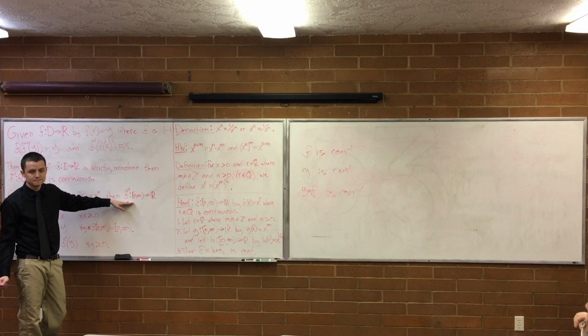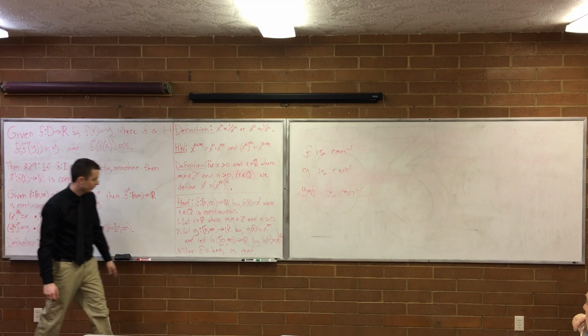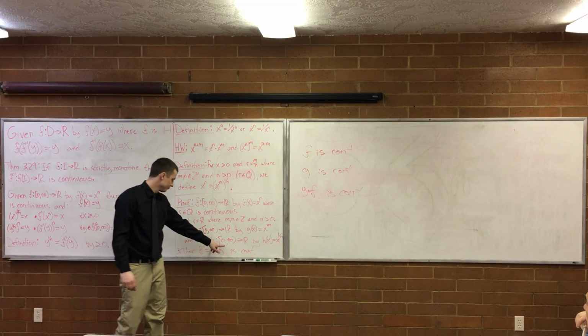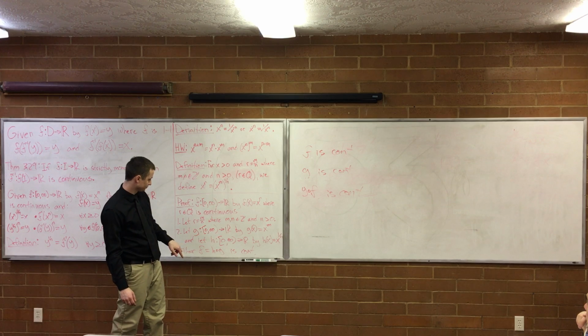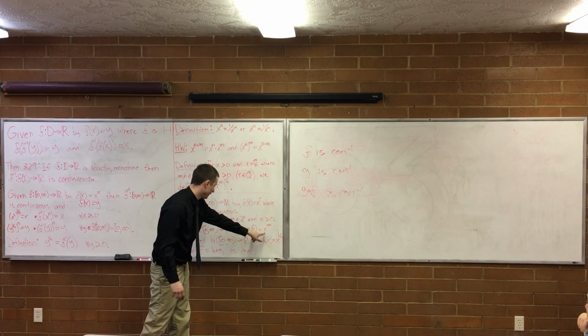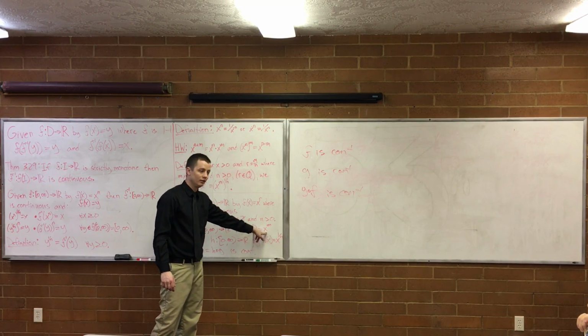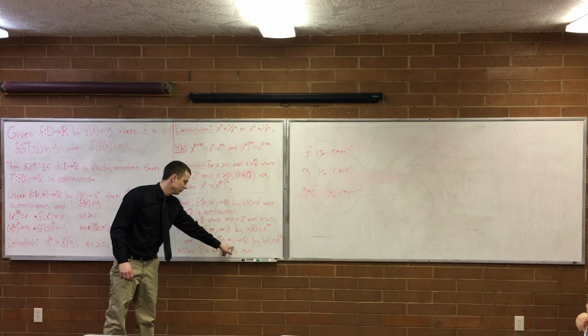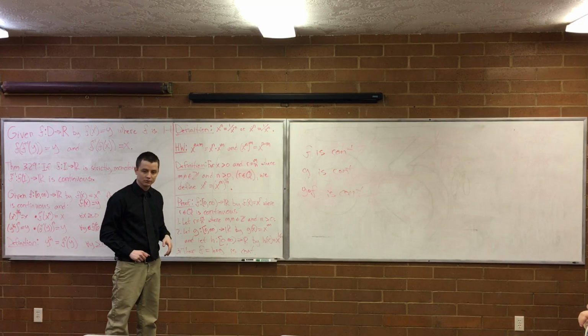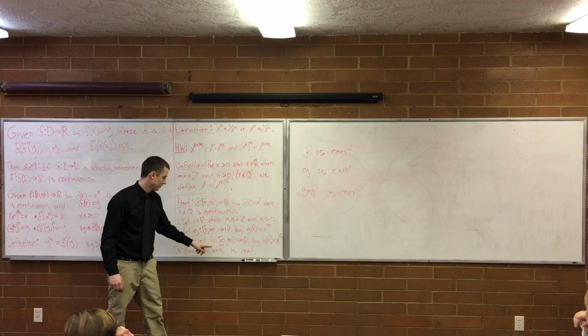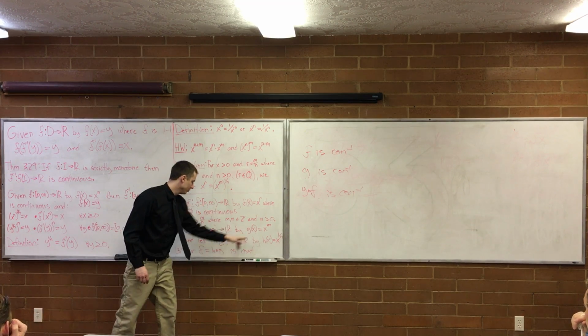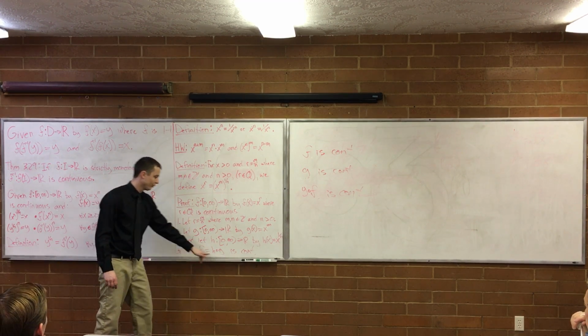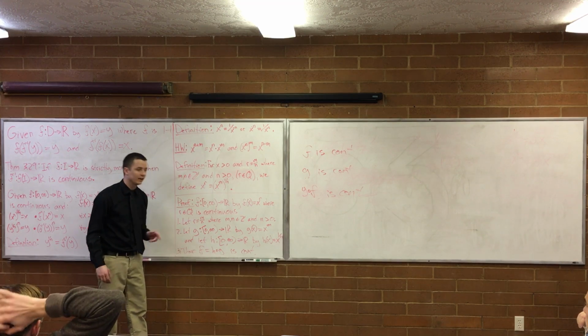That make sense? So I already know that the image of this thing is the domain of this thing. They're the same. So this is continuous, and the image of this is in the domain of this. Therefore, their composition is continuous, which is exactly what f is.